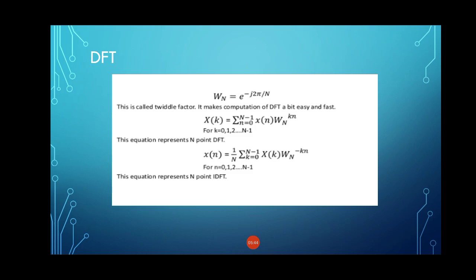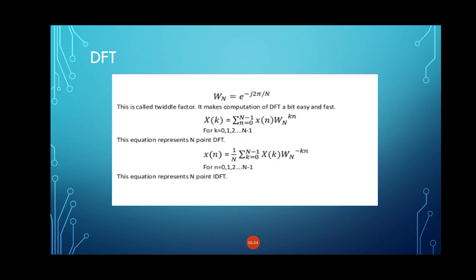The first angle will be 0, then twice pi by N times 1, then 2 into twice pi by N. In this way the angles will be sampled.